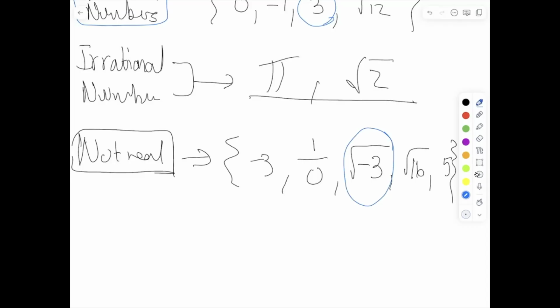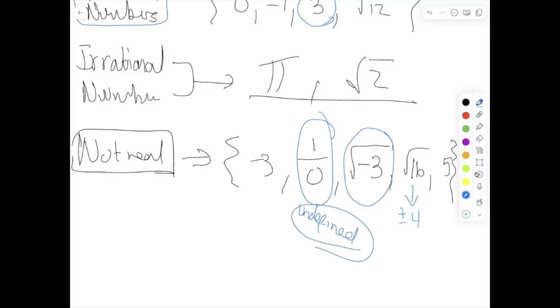Wait, is the not real numbers only negative or is it also positive? It could mean that it doesn't exist. Besides, the square root of 16 exists, this becomes positive or negative 4. What about 1/0? Yes, this is undefined.